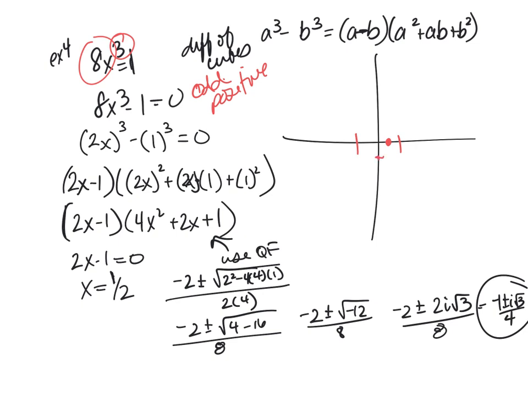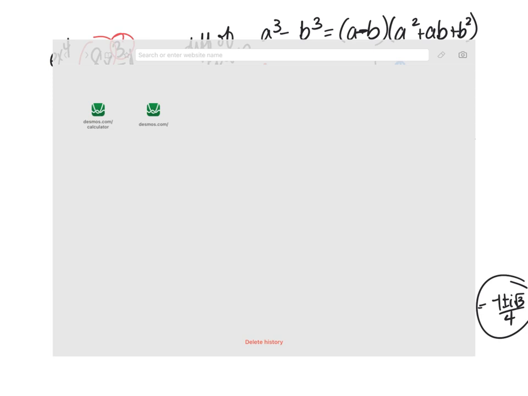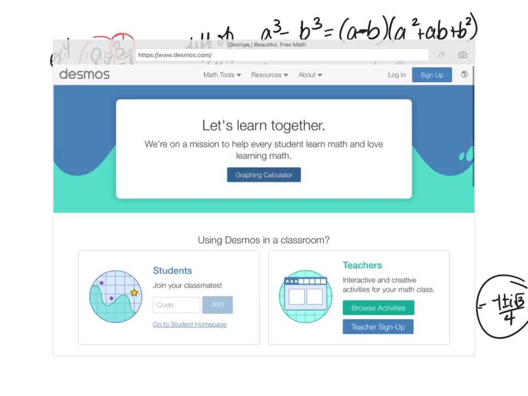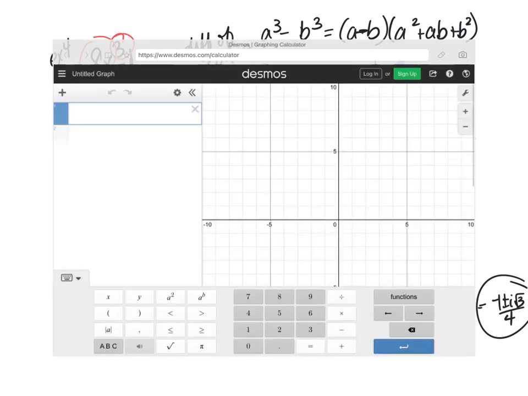So I'm going to come up, and I'm going to go through that at the intercept. And let's look at Desmos, how that shows up. 8x cubed minus 1. And you can see that inflection point happens at the y-intercept because this is a difference of cubes.